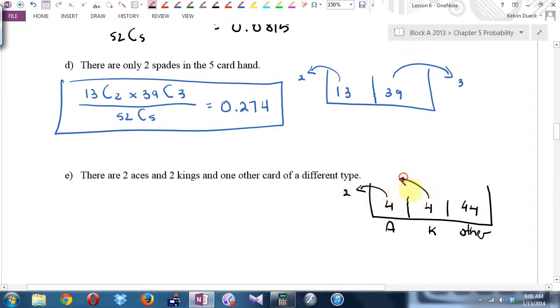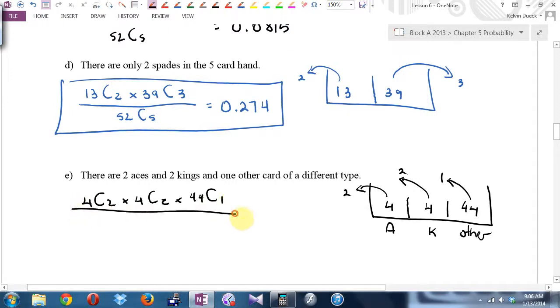How many kings? 2. How many others? 1. I think it's going to be 4 choose 2 aces, and 4 choose 2 kings, and 44 choose 1 others, all over 52 cards grand total, choose 5.